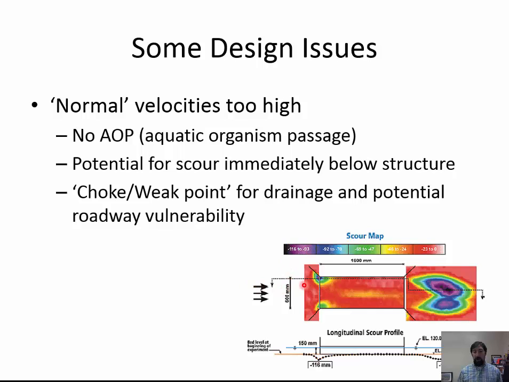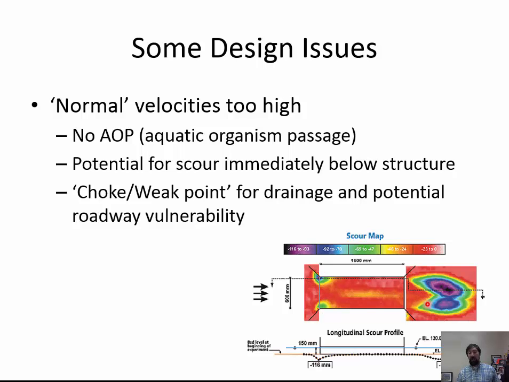Flow is coming this way; this is the inlet, and here's the outlet of our culvert. They measured this over time. Here's the bed level at the beginning of the experiment, this orange line, elevation 0. As flow moves through this culvert over time, we start to get scour up at the head wall, so we could get some structural instabilities here.